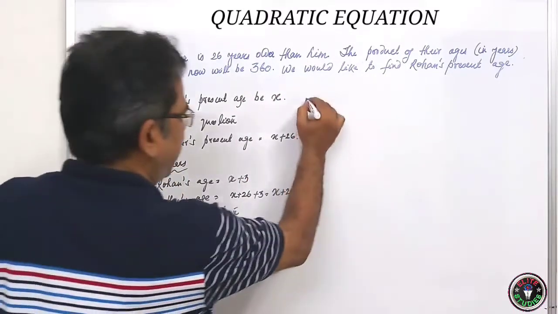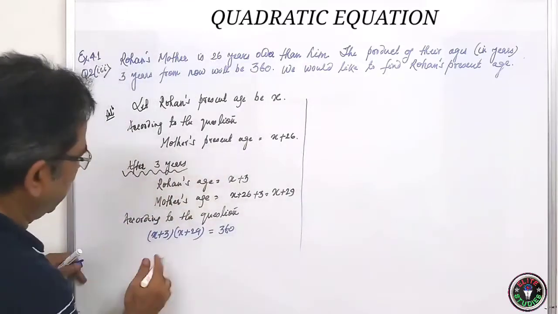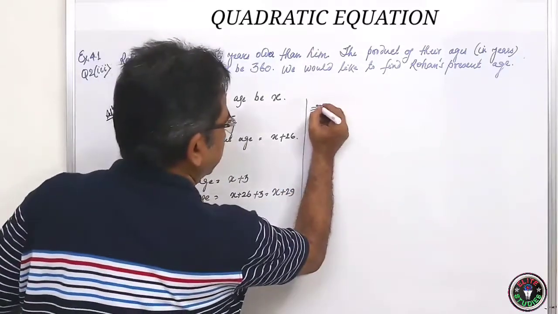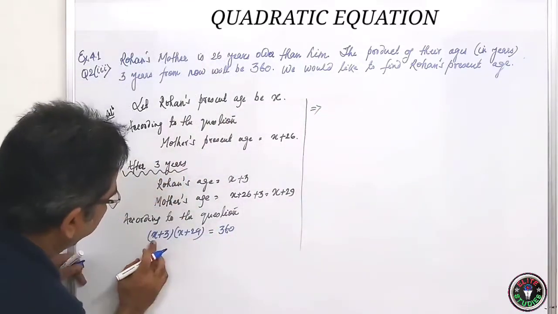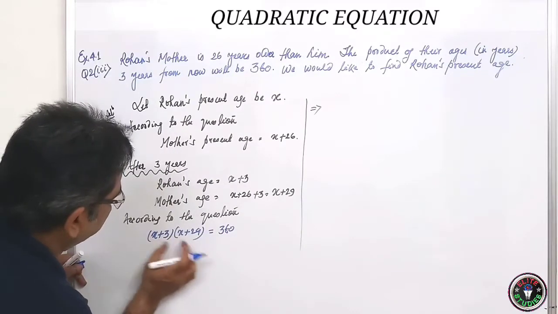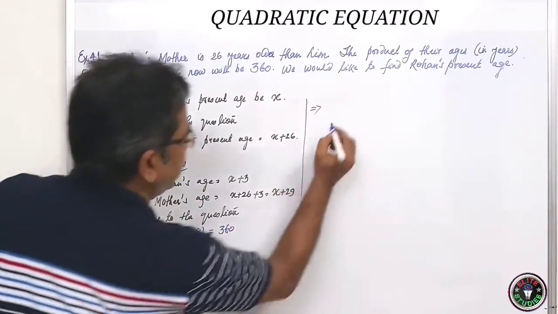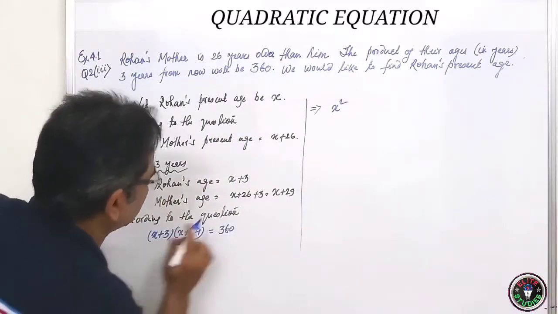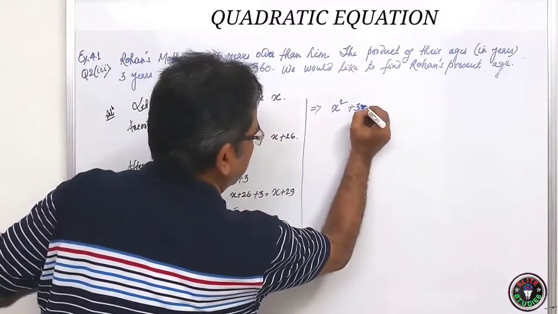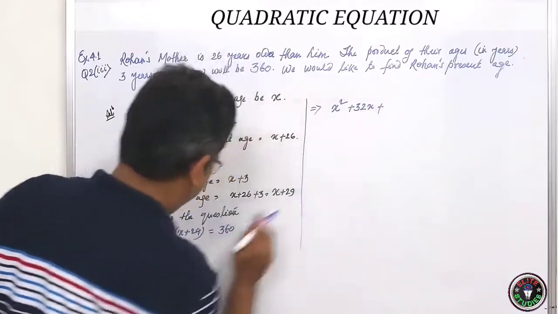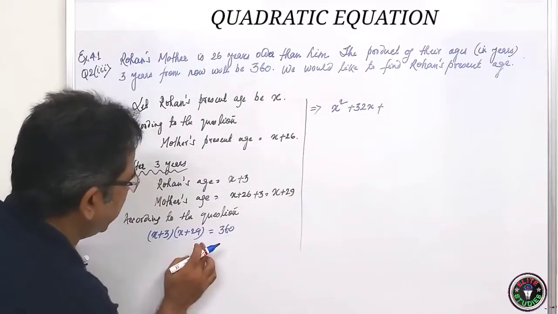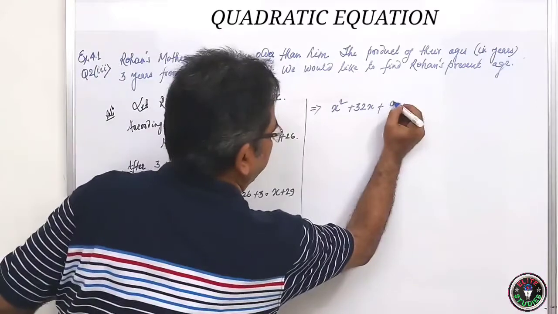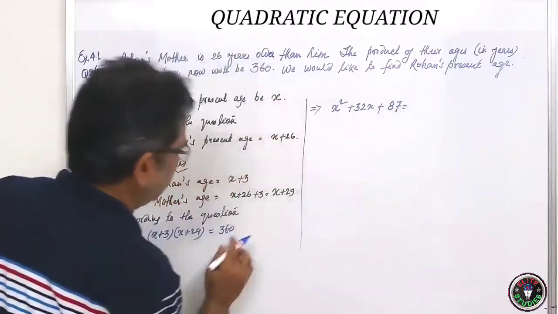Now our next step will be just to multiply. Open the brackets. x is x, so the coefficient is 1, simply directly you can do it. x square, 29 plus 3 is 32, plus 32x, plus, simply multiply 3 times 29, which is 87, is equal to 360.